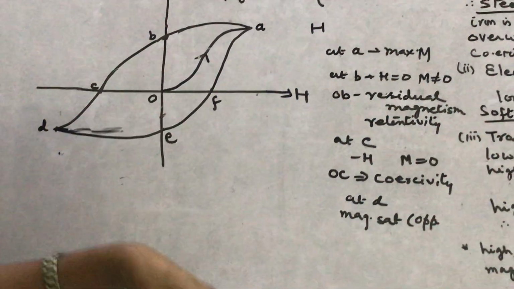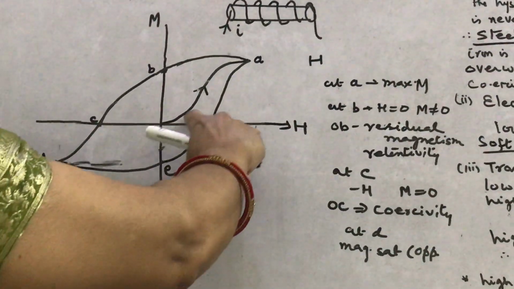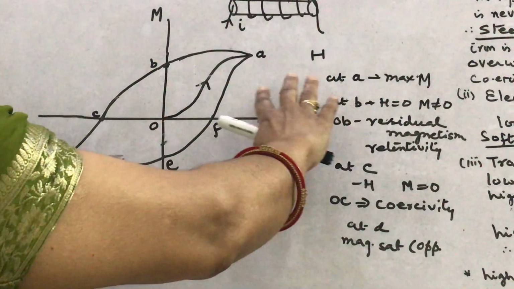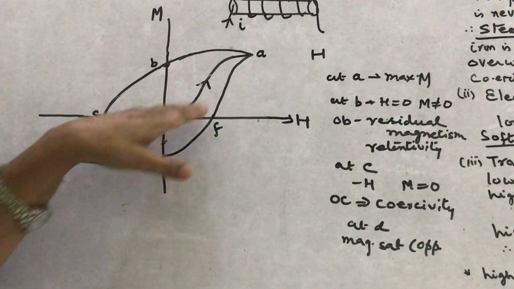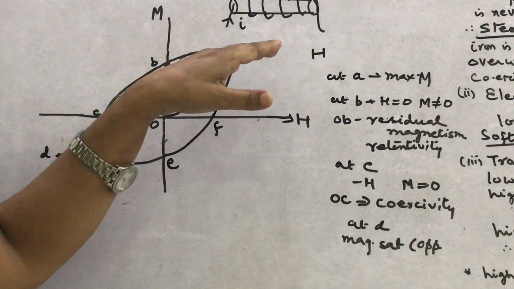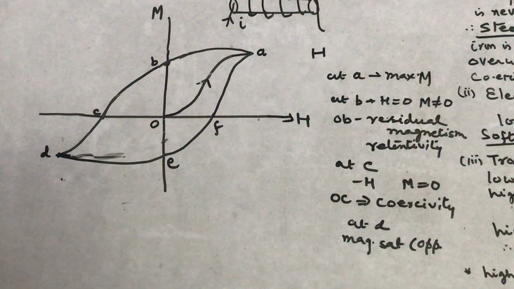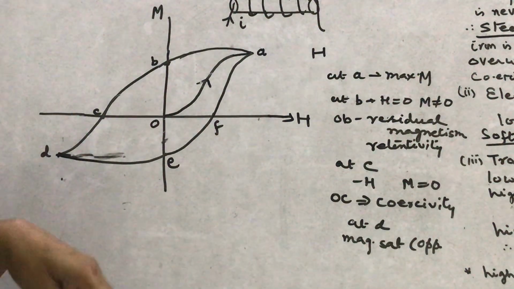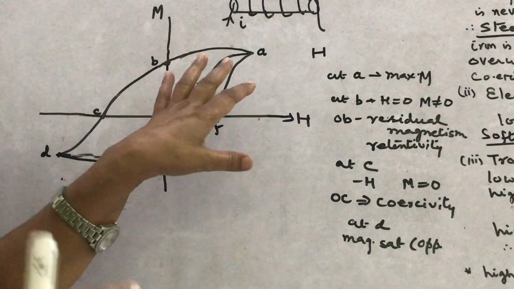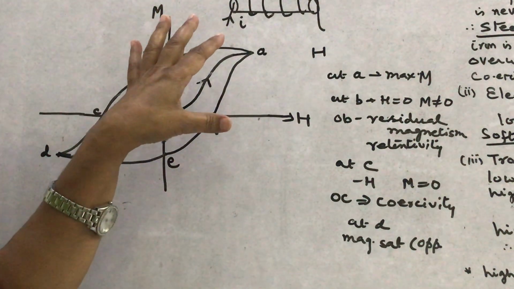Look here, we cannot say that the energy is conserved, because whenever the current is increased, the magnetizing field is increased from 0 to a certain value, up to which the maximum magnetization occurs and all the domains are oriented in the same direction as that of the magnetizing field. What we observe is that energy is absorbed by the ferromagnetic substance.